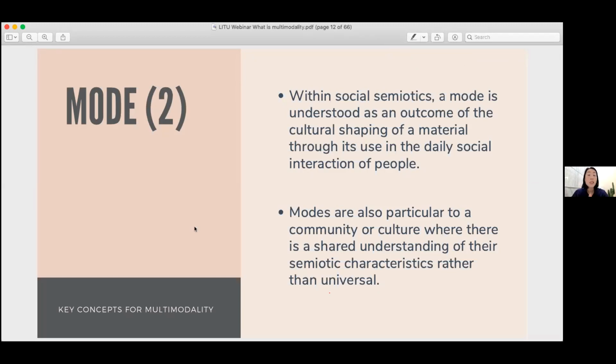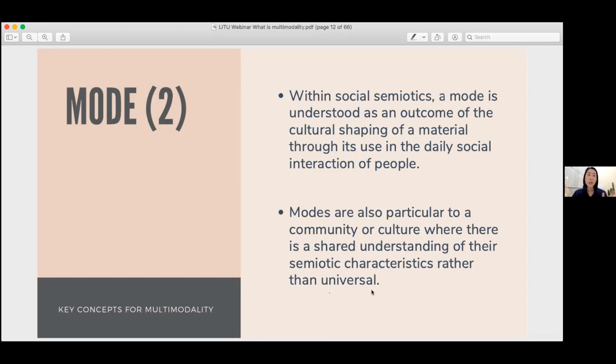Now, where was I? So modes are also particular to our community or culture, where there is a shared understanding of their semiotic characteristics rather than a universal one. So you cannot assume that using, let's say, images or visual modes is something very normal everywhere, because when we are outside of that community, it's not going to be the same, right?